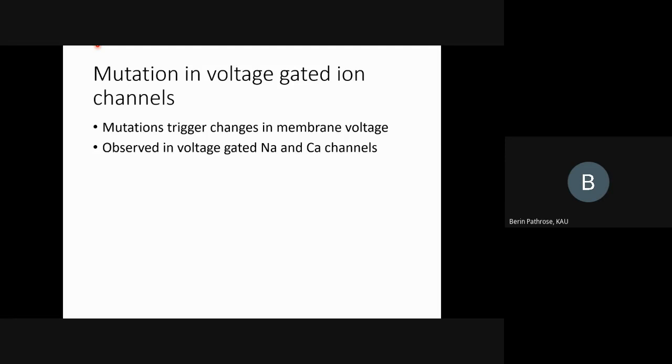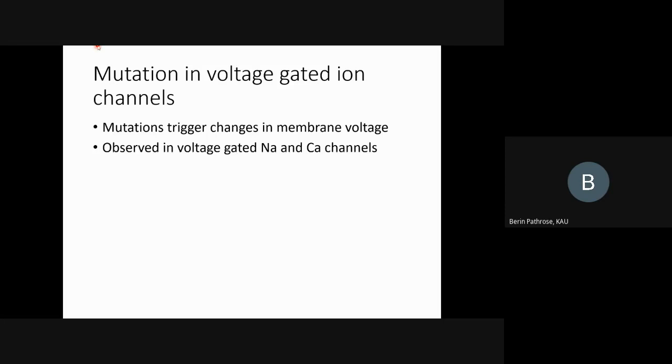So any mutation happening to these voltage gated ion channels leads to a change in the membrane voltage. Mainly we see this mechanism in the case of two ion channels. One is the sodium channel and the other one is the calcium channel.